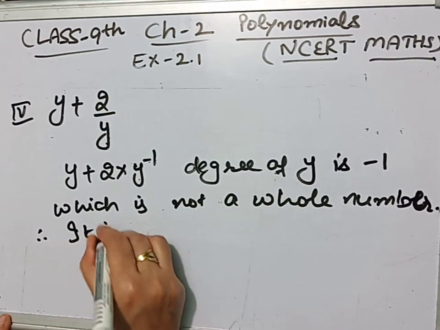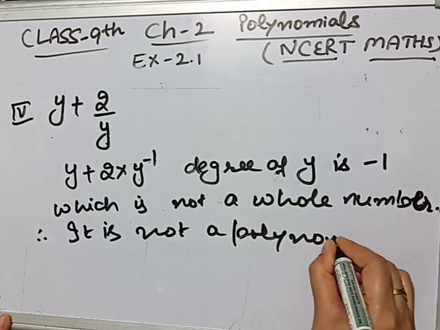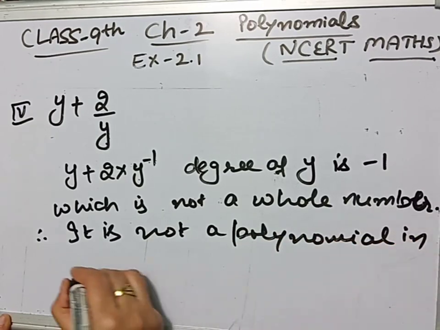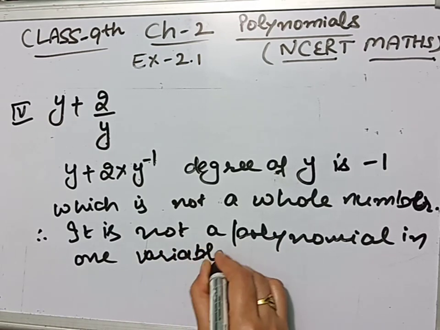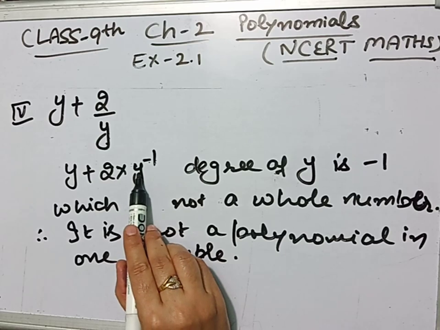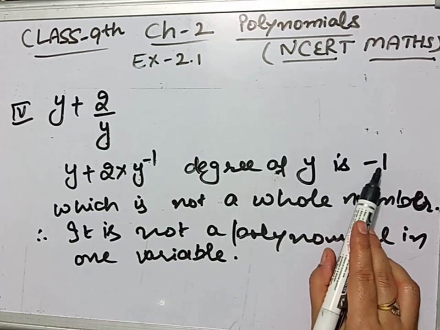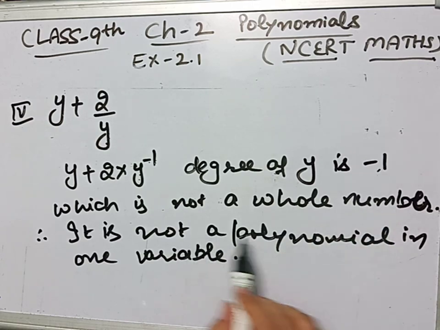Therefore, it is not a polynomial in one variable. I have said that degree should be a whole number, but here degree is an integer that is negative. So it is not a polynomial in one variable.